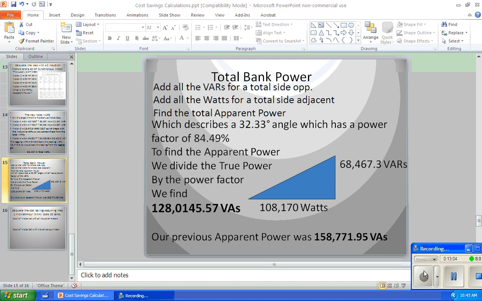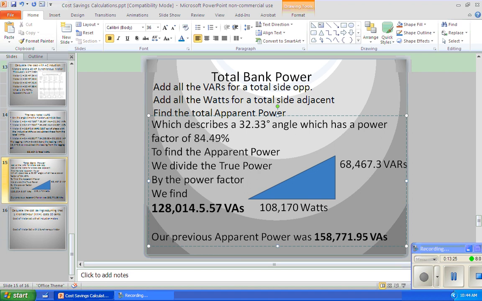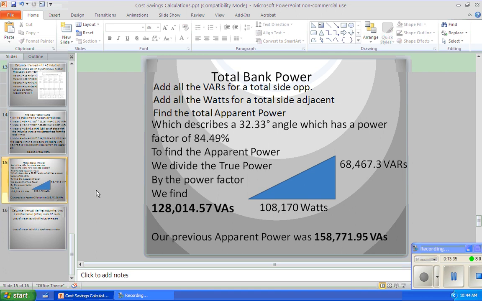So we can divide 108,170 by 84.49%, and that'll give us 128,014.57 VAs, my apologies.